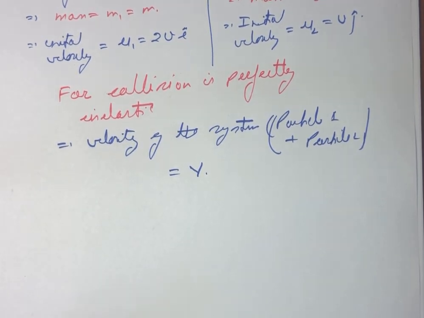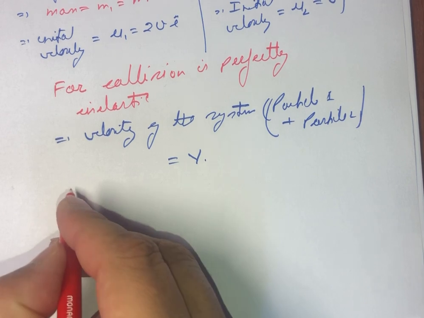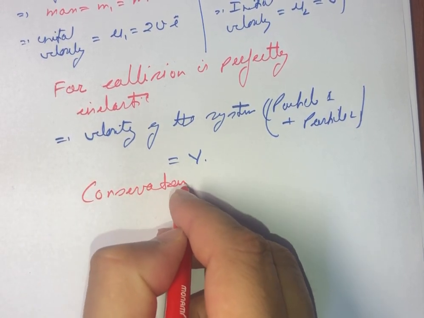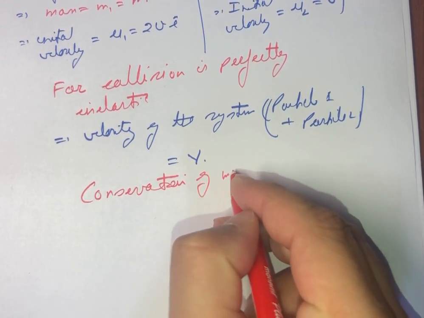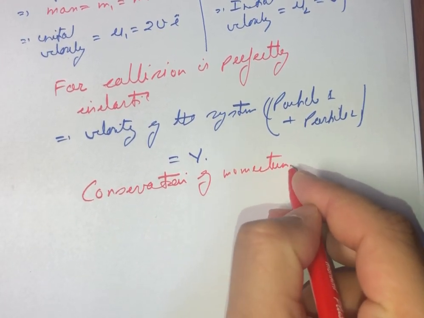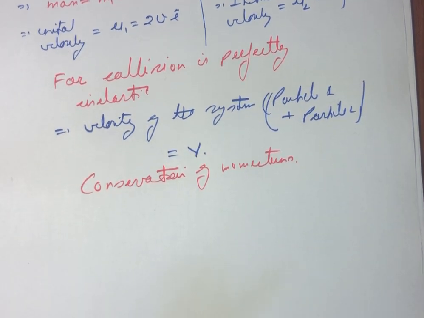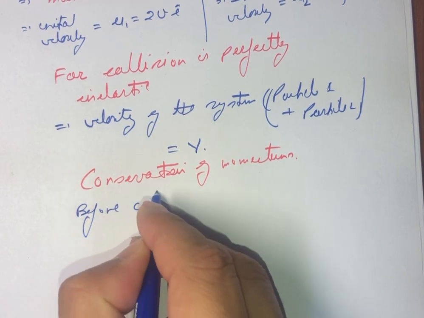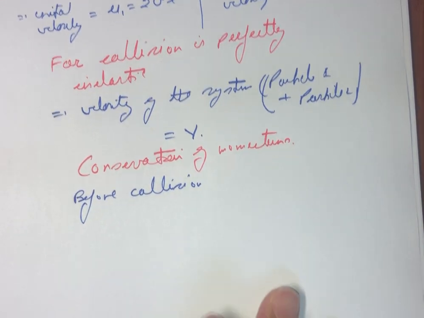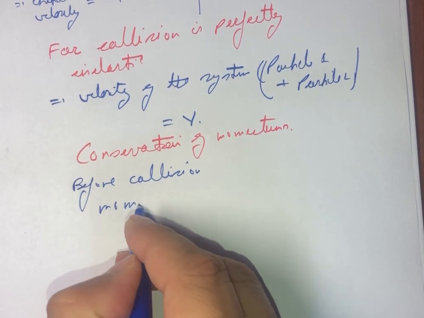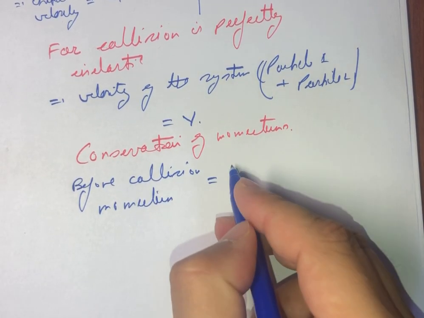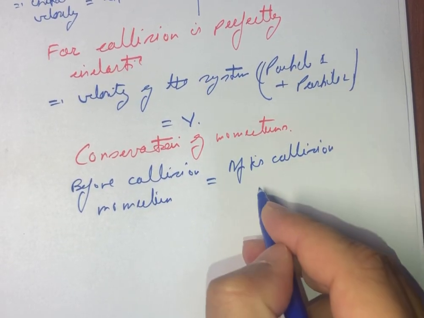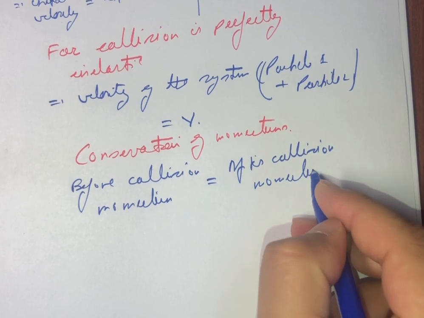So we can use conservation of momentum. Before collision momentum will be equal to after collision momentum.